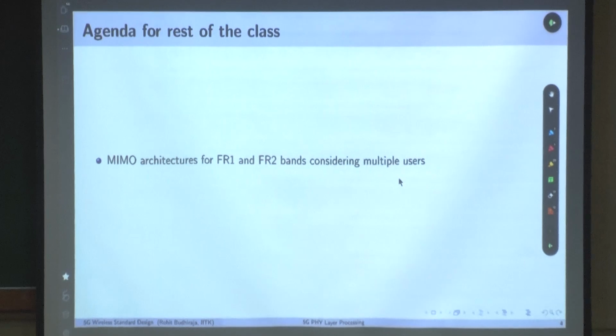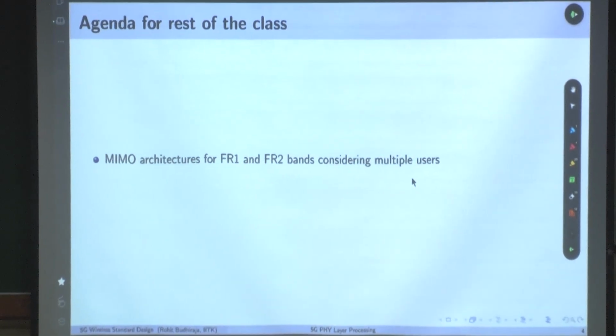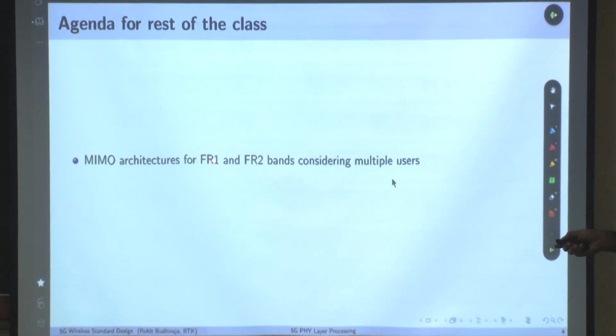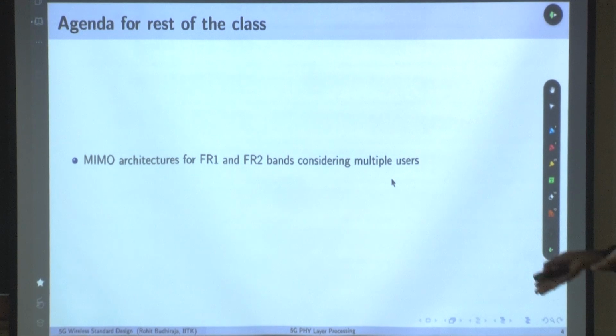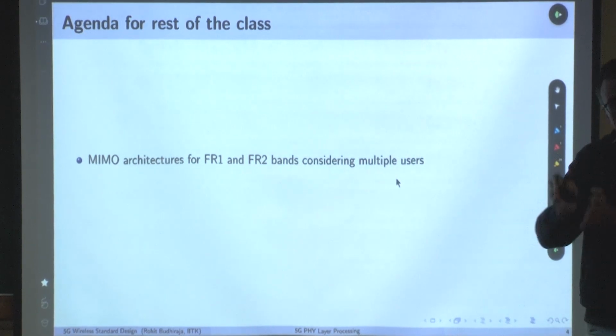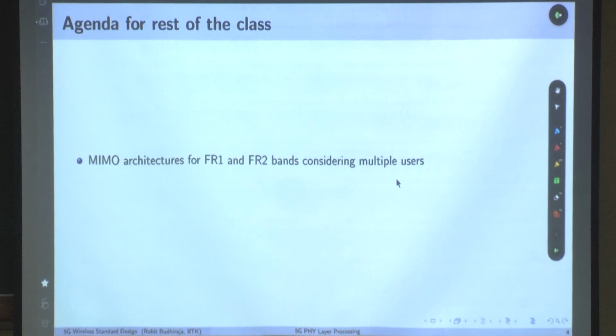That's what we will discuss now, and in order to understand FR2, we'll have to revise some of the FR1 architecture which we have just discussed, so that the FR2 discussion fits in nicely. So let's do that.